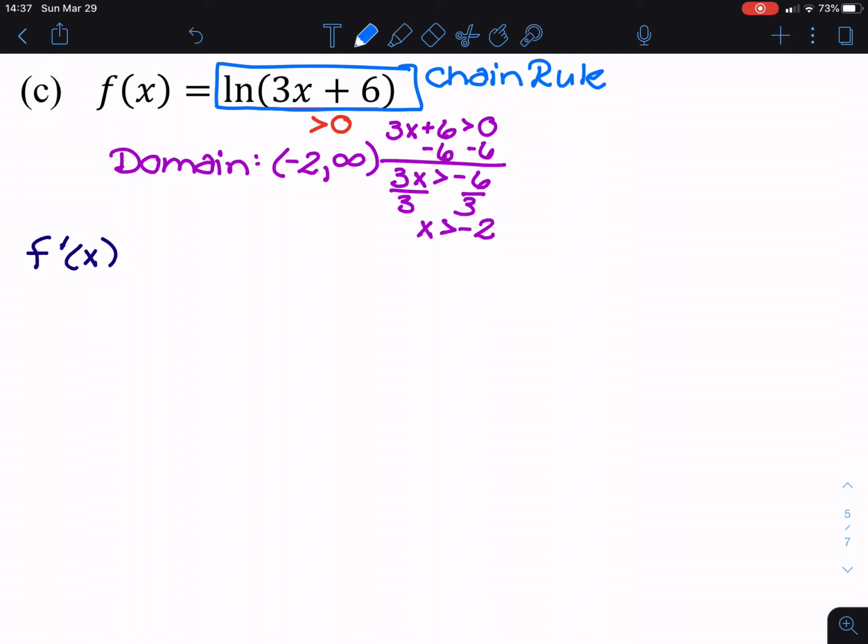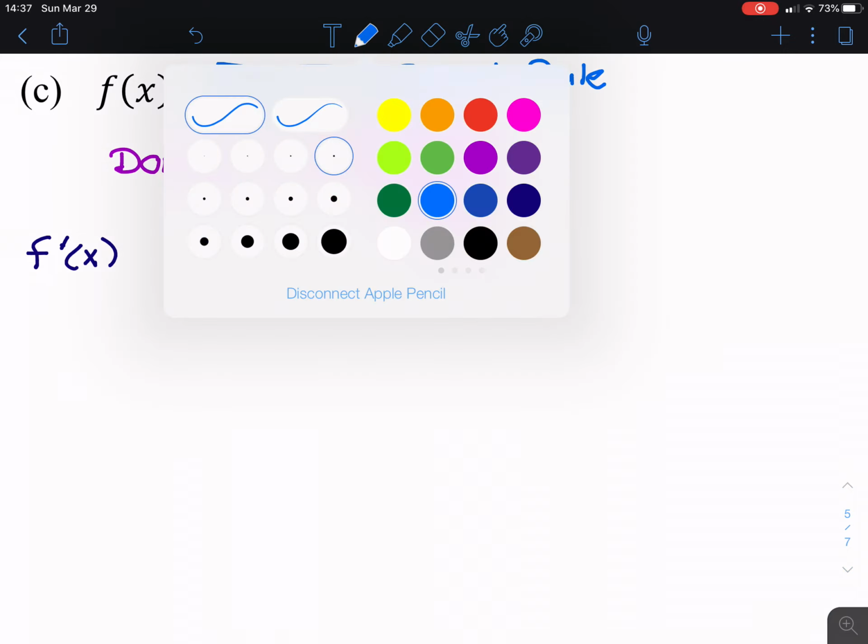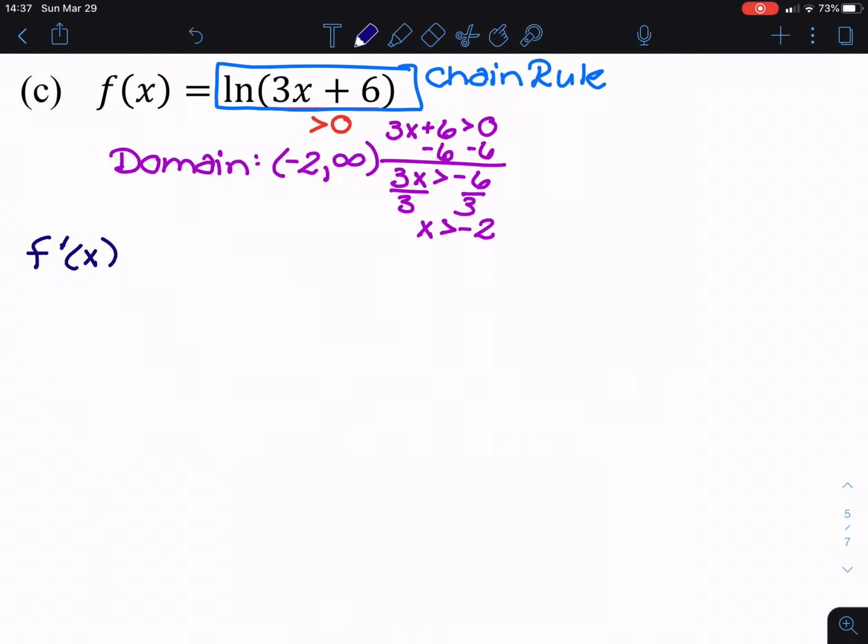My outer function is natural log. My inner function is 3x plus 6. So I take the derivative of the outside. Remember, when I take the derivative of natural log, that's 1 over whatever's inside. So it's 1 over 3x plus 6. And then I multiply it by the derivative of the inside. Well, the derivative of the inside is just 3.